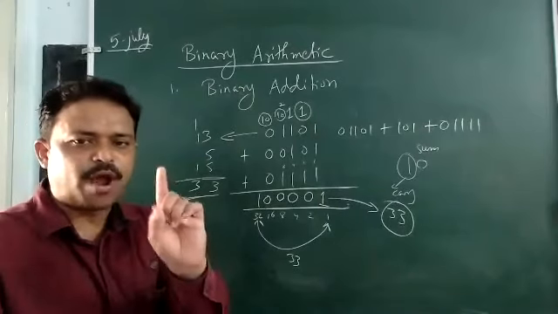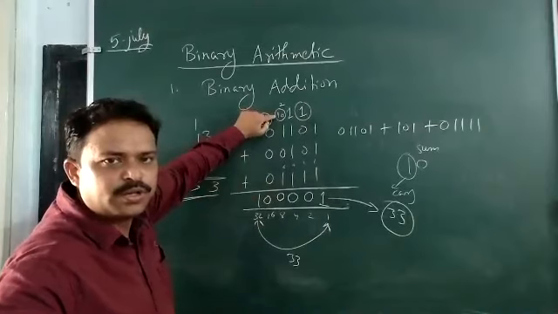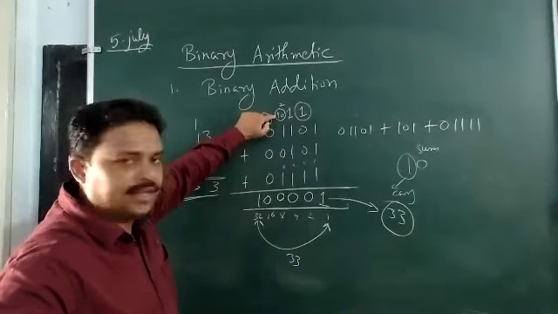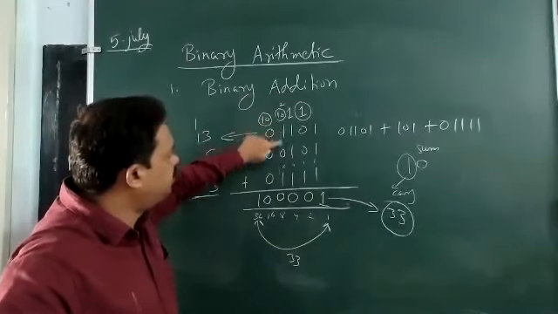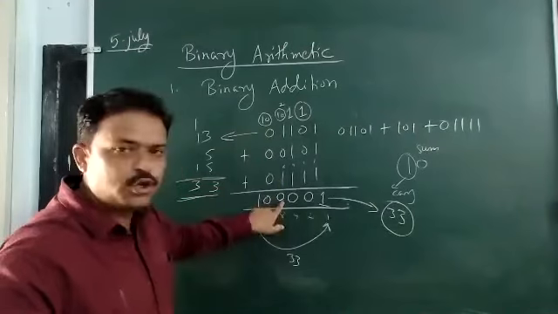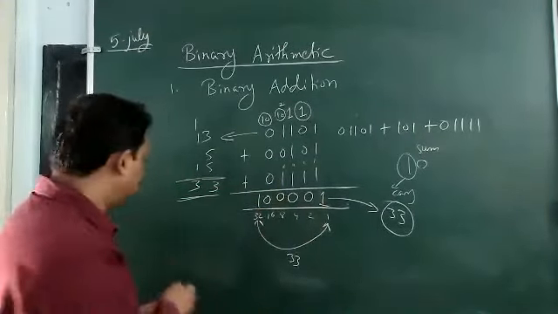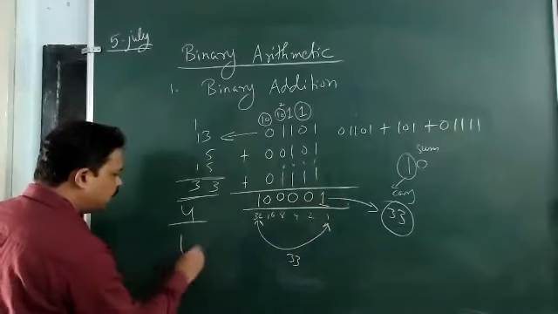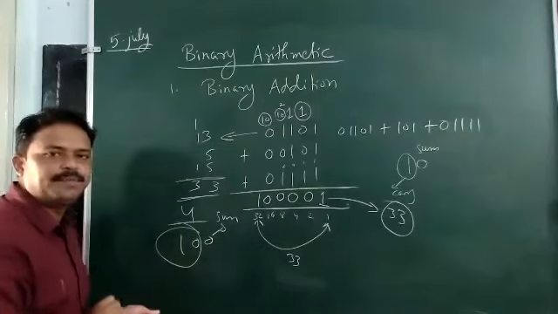Here a very important point is to be noted down. See, the carry I have written here as 1 0, but internally you consider it as 2. 2 plus 1 is 3, 3 plus 1 is 4. Do normal addition to get 4, but you cannot write 4 here. Convert it into binary. For 4 we are getting 1 0 0. This is your sum and the remaining will be your carry.